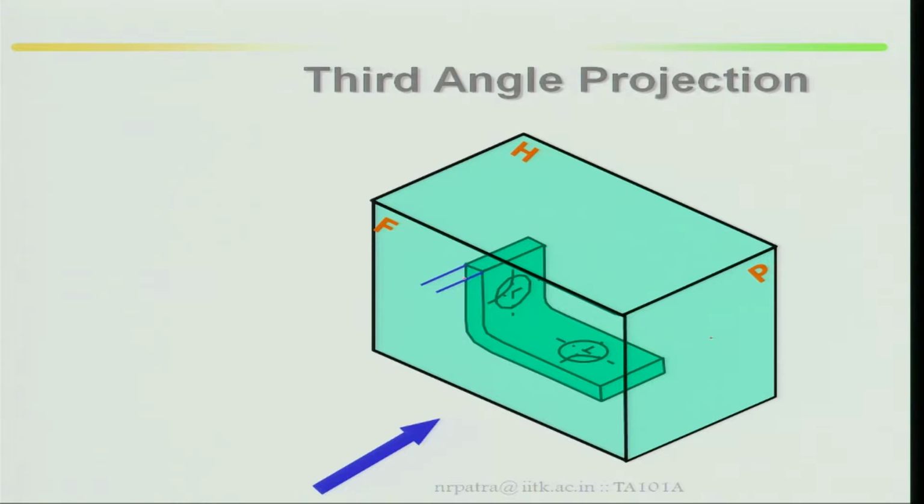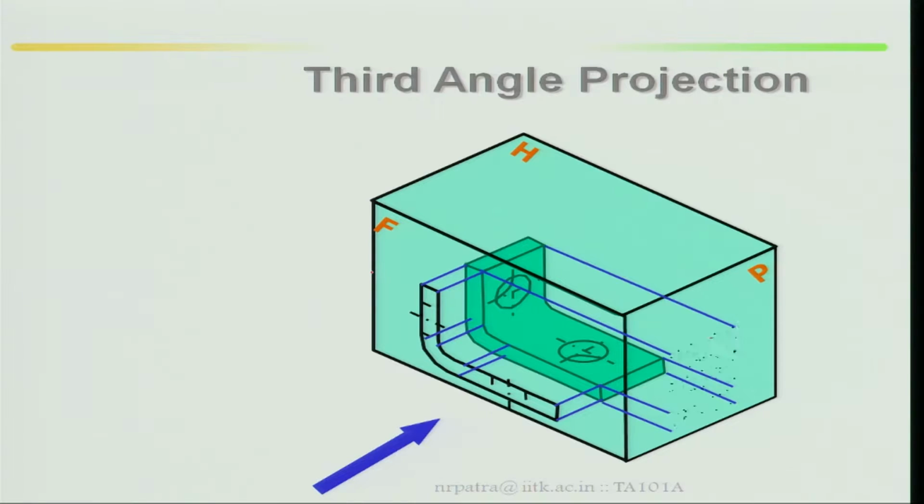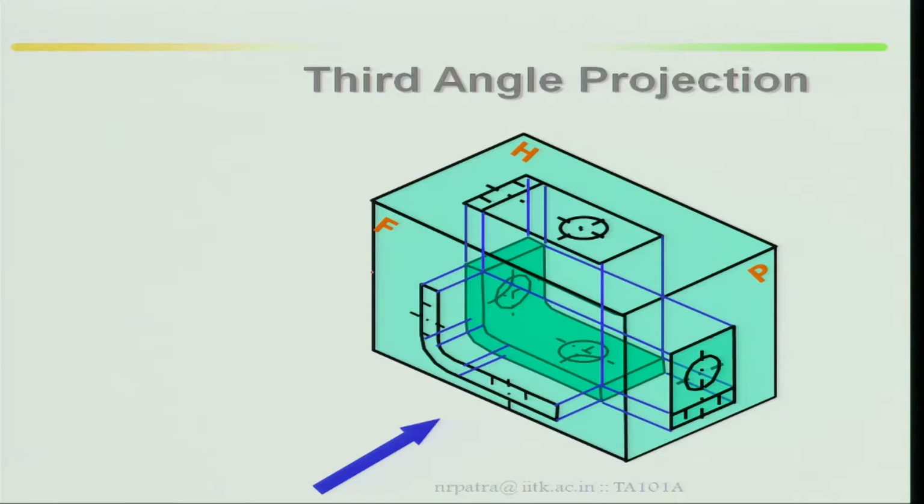From here to here it has been projected, perpendicular to your frontal plane. Here it has been projected, and here, showing how it looks in the frontal plane. Similarly, in the horizontal plane and profile plane, draw the projections. These are called hinge lines.